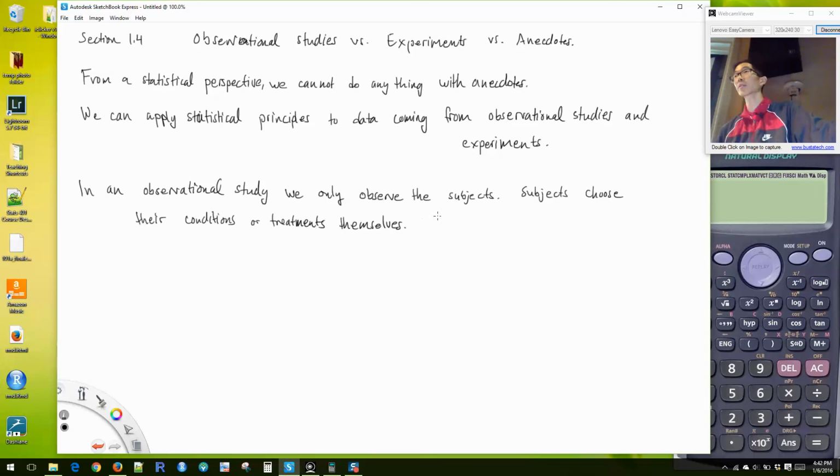Okay, we don't force treatments onto people in an observational study. We just let people live their lives and we see what happens. At the end of an observational study, we might see an association between one particular set of behaviors and a particular outcome. Okay?